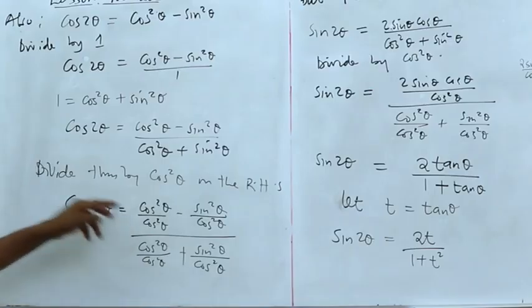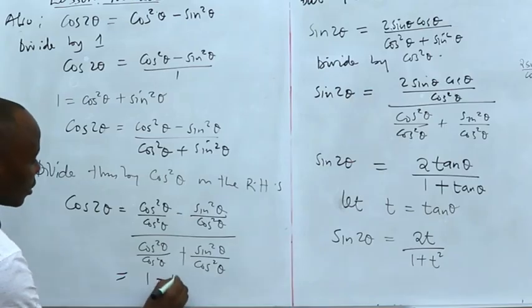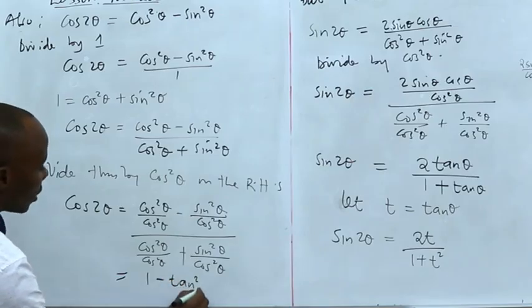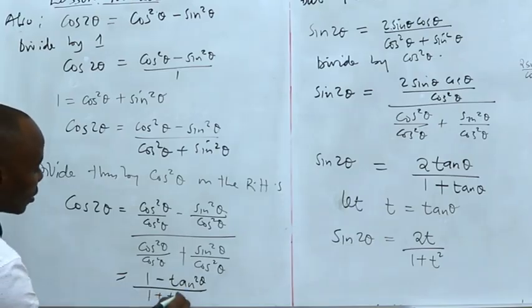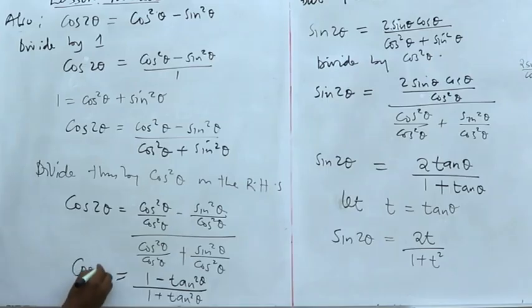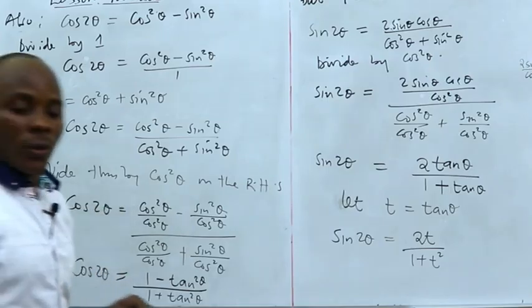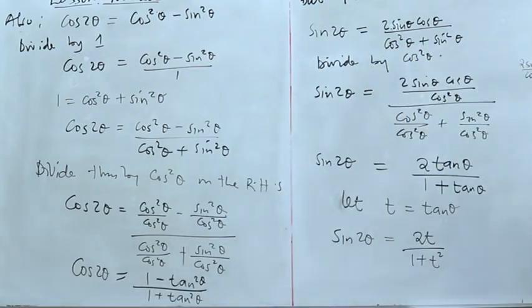Now this one generates a 1. We have 1 minus tan squared theta over 1 plus tan squared theta. That is cos 2 theta.